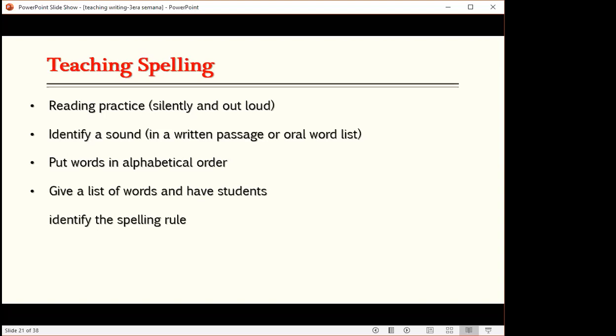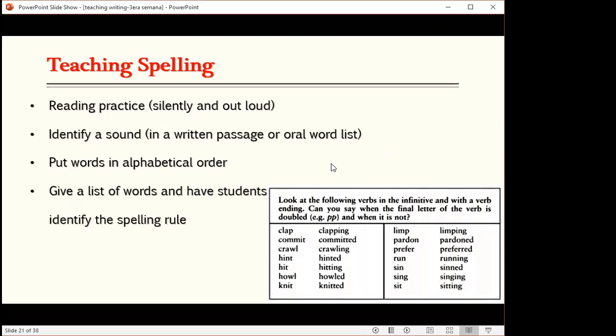Another idea is to give a list of words to your students and have them identify the spelling rule. Here you have one example. The exercise says, look at the following verbs in the infinitive and with a verb ending. Can you say when the final letter of the verb is doubled and when it is not?